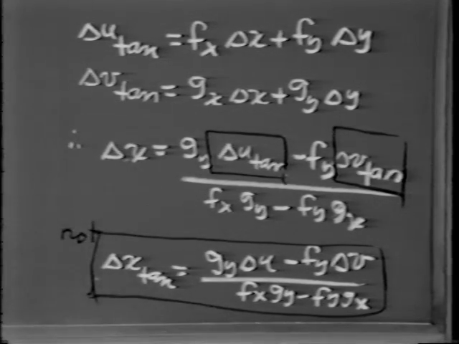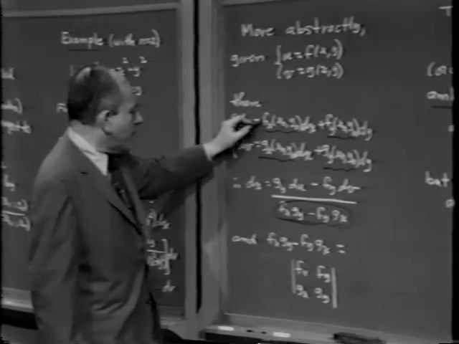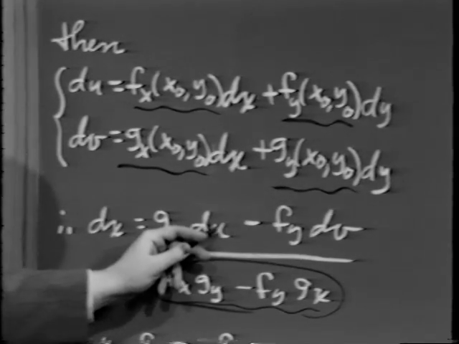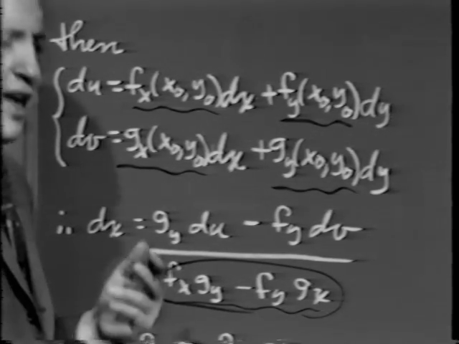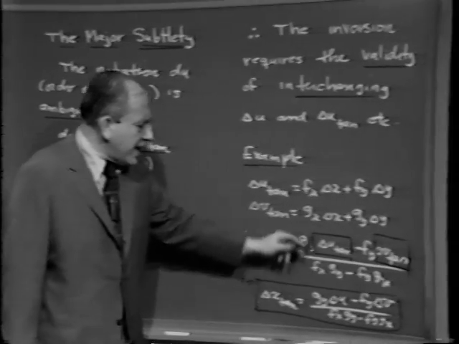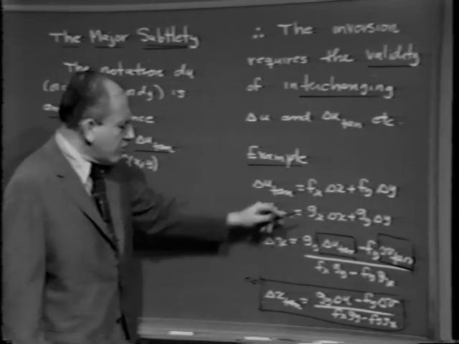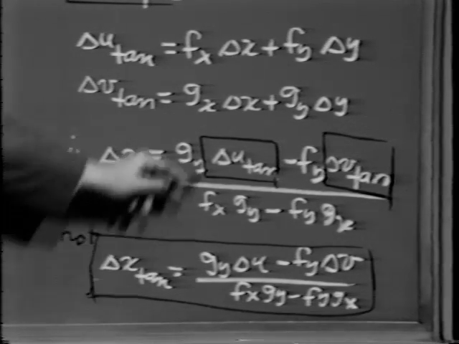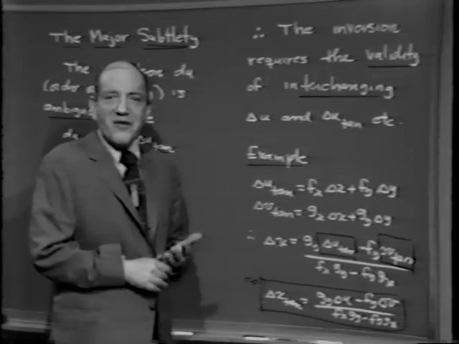In fact, let me come back for one moment and make sure that we see this. Notice again that the subtlety of going from here to here and inverting never shows us that we've interchanged the roles of u and v from being the dependent variables to the independent variables. So the reason that there is so much work done in advanced textbooks under the heading of inverting systems of equations is to justify being able to switch from delta x to delta x tan or from delta u tan to delta u as we see fit whenever it serves our purposes.